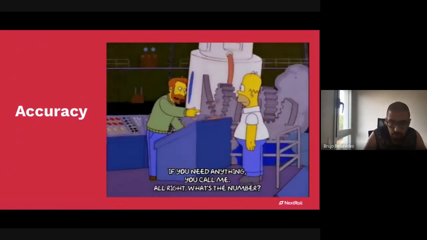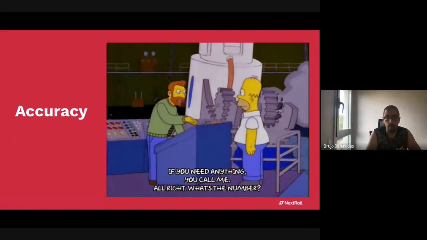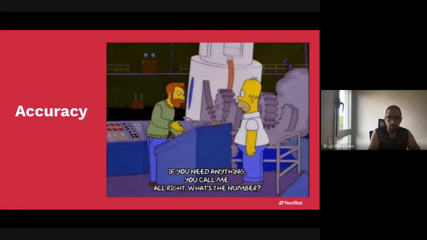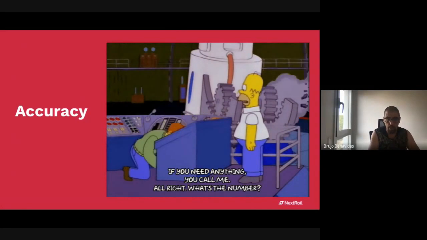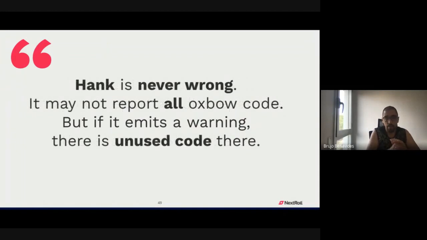But now let's talk about the most important part here, which is accuracy. We wanted to give developers security when removing dead code instances. We all know that the Elixir compiler, for instance, is never wrong. It may not report all the discrepancies in your code, but if it says there is a problem there, there is a problem there. You can be sure that something's wrong. Hank will work in the same way. Hank is never wrong.